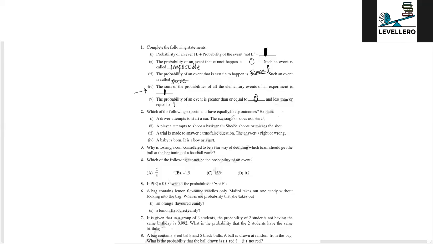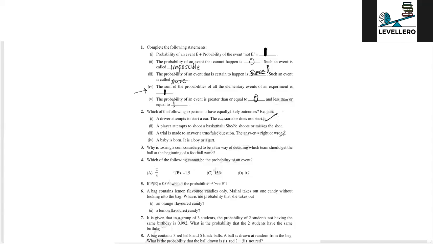Well, part 1 of question number 2 is definitely a hypothetical one. It depends on the condition of the car, but if we consider this a theoretical question, then a car might get started or it does not start when we try to start it. So yes, these two are definitely equally likely outcomes.